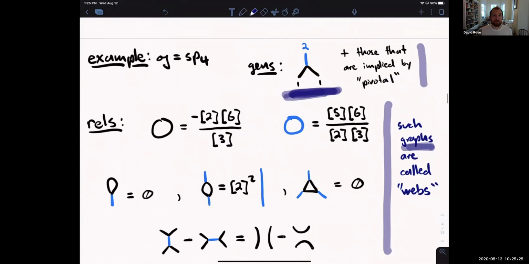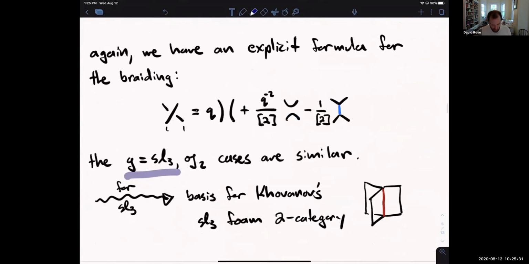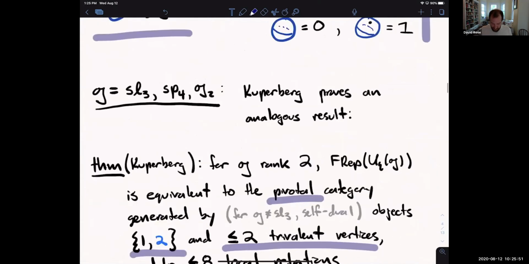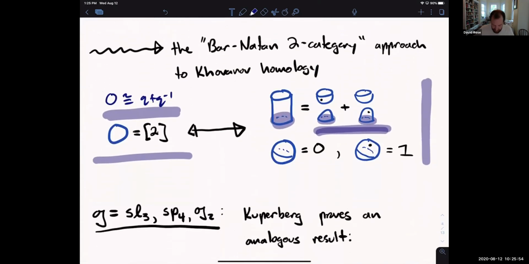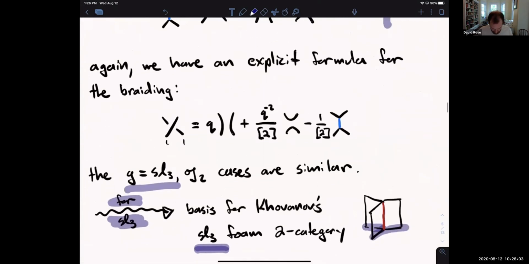You'll see similar pictures, similar relations, and what you find is that this web formulation of the category of quantum SL3 representations forms, again, a foundation, see down here at the bottom, for Khovanov's SL3 foam 2-category, which again is some higher categorical structure mimicking, or maybe I should say, in the vein of this Bar-Natan 2-category, from which you can compute SL3 link homology.